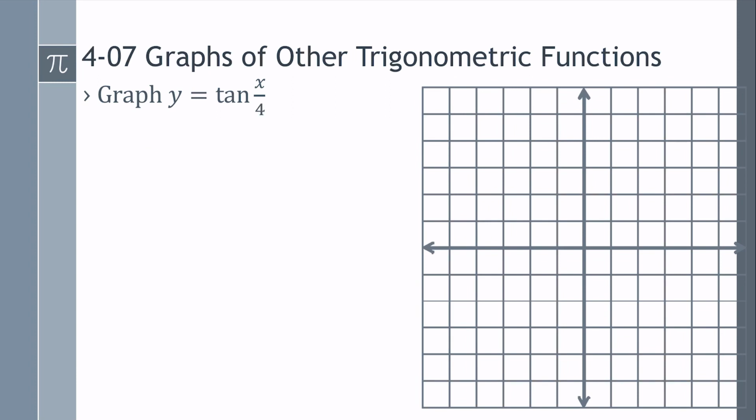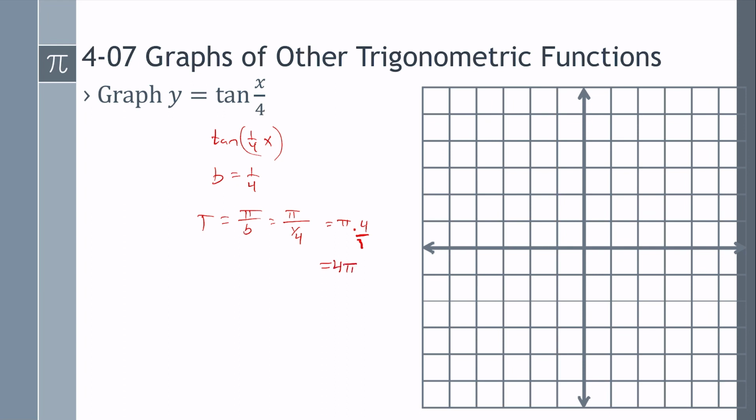Alright, to graph y equals tangent of x over 4, this would be like tangent of 1/4 x. So b would be 1/4, which changes our period. The period was pi over b, so now it's pi over a 4th. Well, multiply by the reciprocal, and you see that our period will be 4 pi.